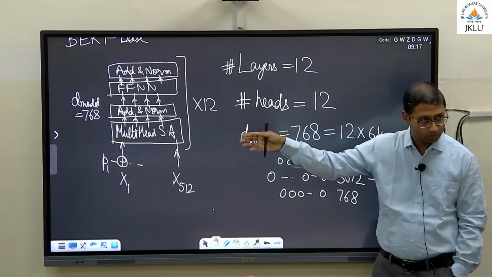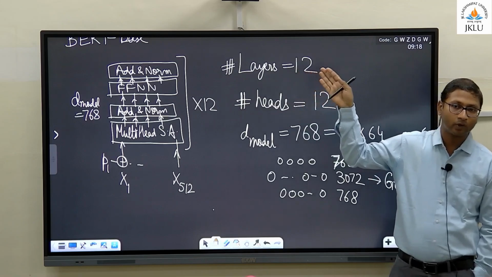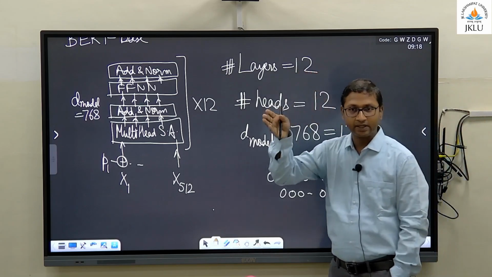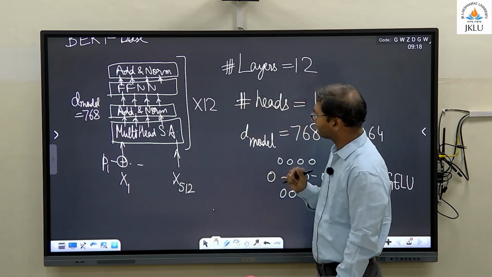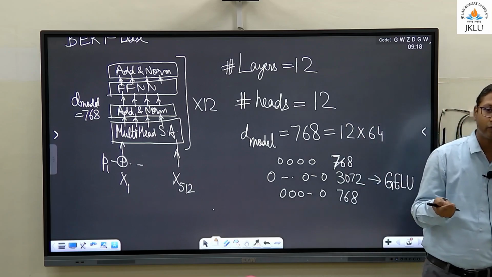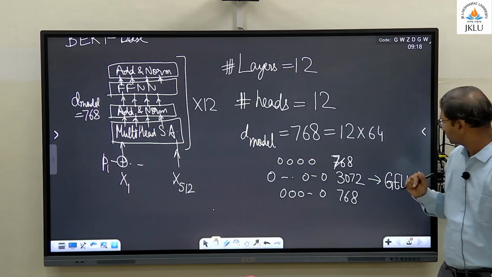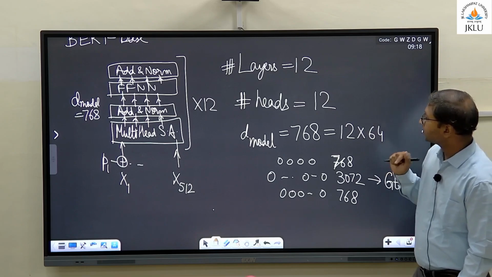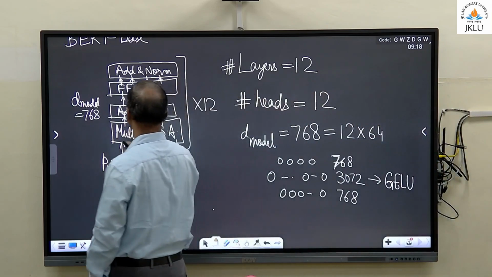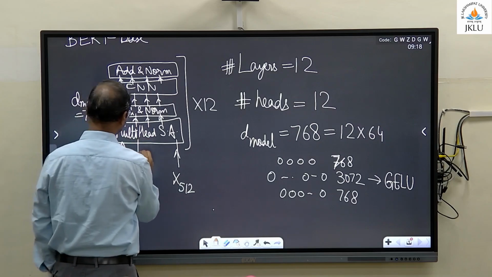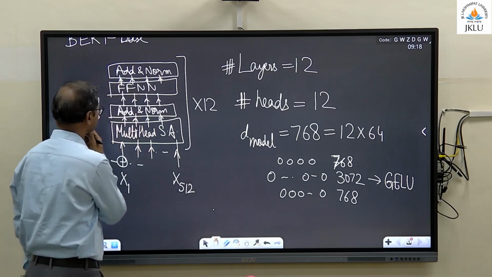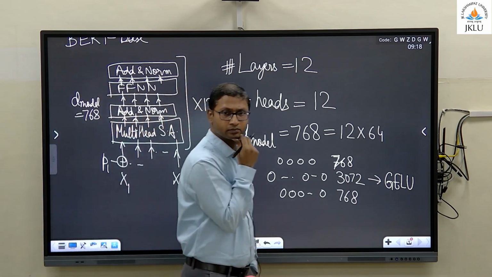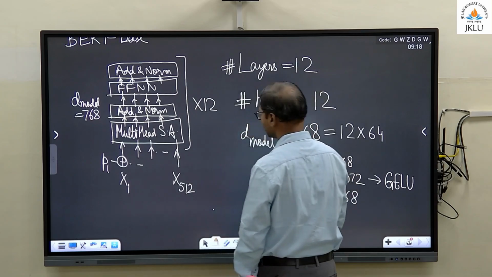Last layer we'll talk about in a few minutes when we start talking about the training task for them. Now we understand what is pre-training and what is fine-tuning. So this is 768. I think I am done with the architecture, unless you have questions. This should be relatively easy.